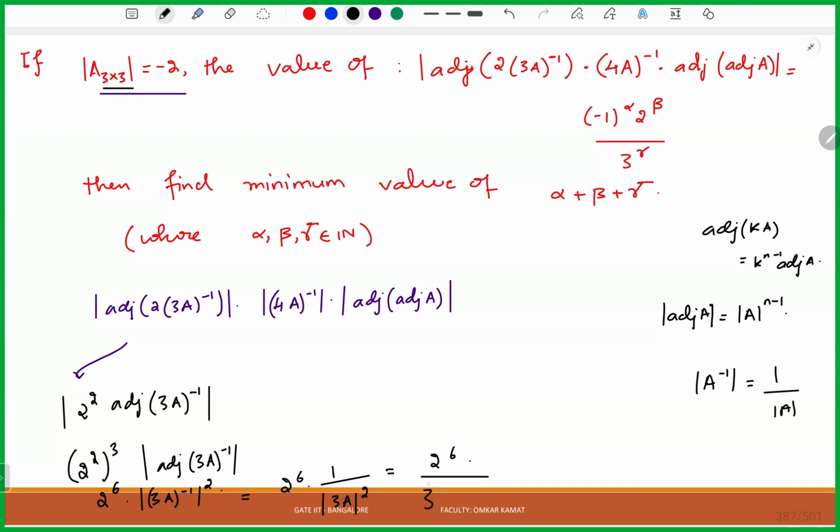So 3 cube into square will be 3 power 6, into determinant of A square. Correct? Now determinant of A is nothing but minus 2. So 2 to the power of 6 divided by 3 to the power of 6 into (minus 2) to the power of square. Yeah. So how much will it be?